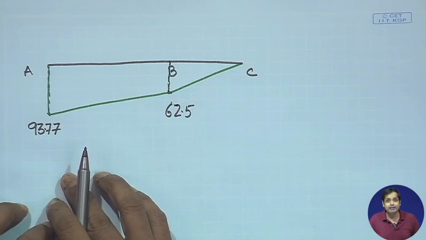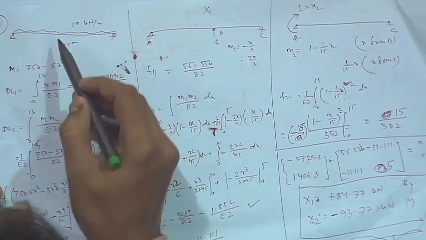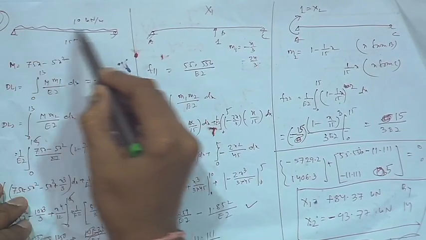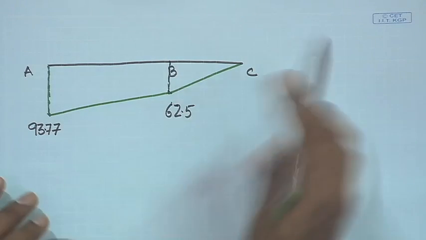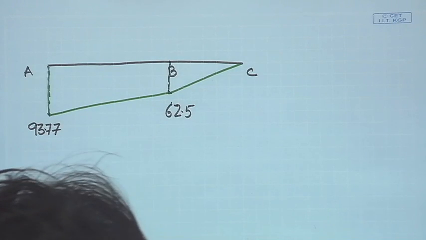Now, what is the bending moment due to the external applied load? Bending moment due to external applied load is this. Okay. Now, if you superimpose that on this, then your final bending moment diagram becomes like this.